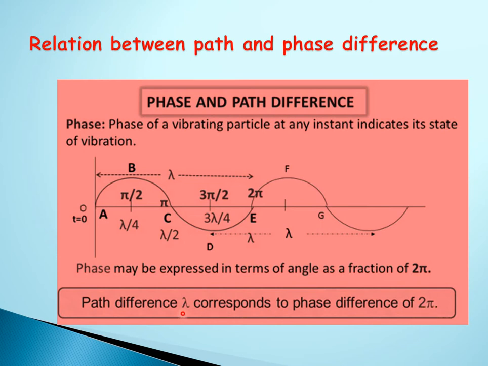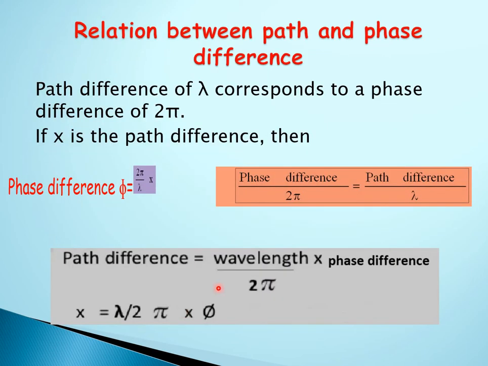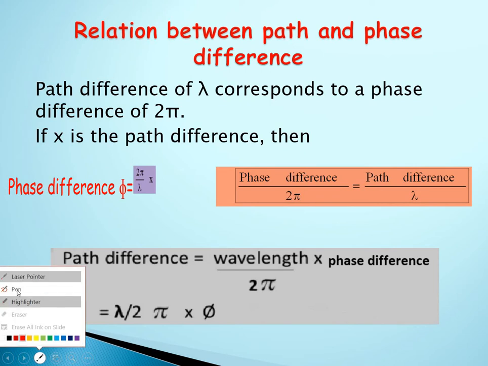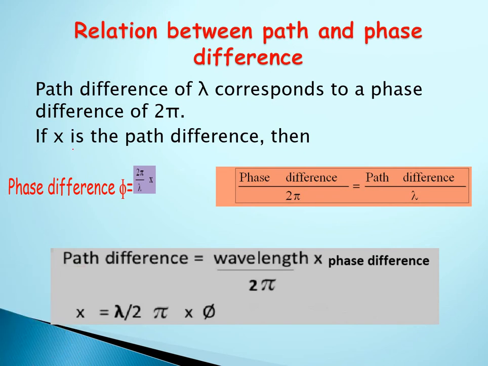Lambda and 2 pi are related, where 2 pi is the phase difference and lambda is the path difference. Okay. Then again the same thing, the path difference lambda corresponds to a phase difference of 2 pi. So what will be the relation between the path difference x and phi?